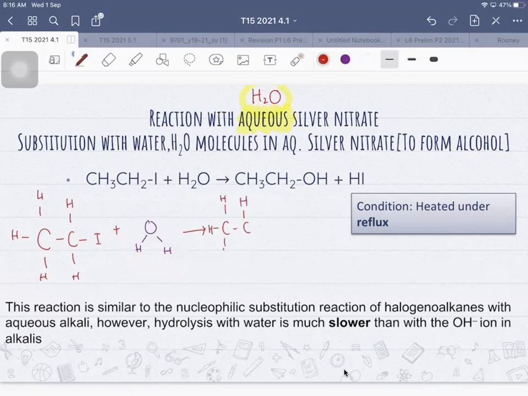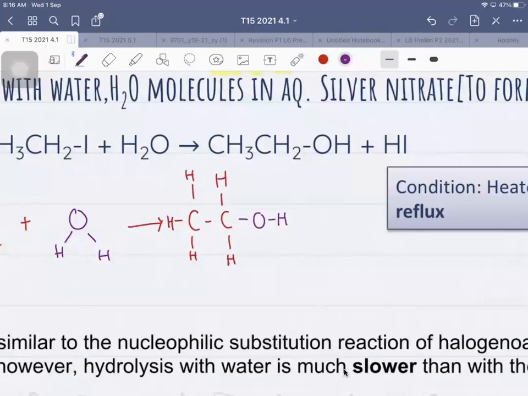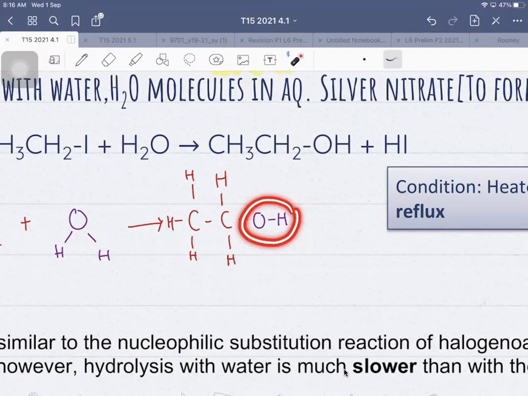This is actually a similar reaction to the reaction of halogenoalkanes with sodium hydroxide, with the hydroxide ion as your nucleophile. So you get an alcohol. When you form an alcohol, you end up with only one hydrogen attached to the oxygen.